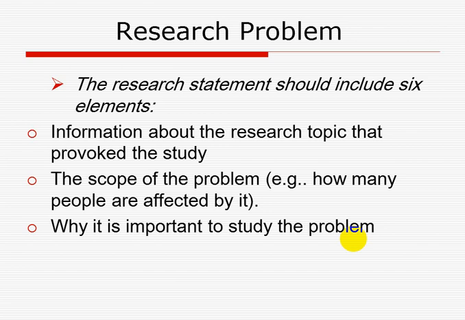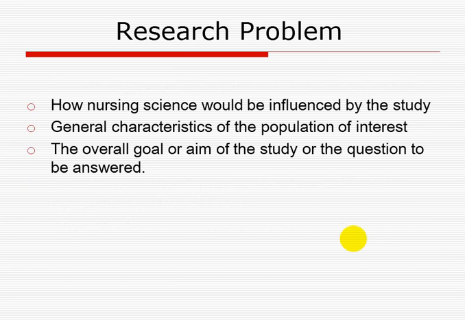And you have to answer the question why it's important to study the problem, and why it is important for you, for your society, for your field, for your environment, and so on. You have to outline some significant points or key points for conducting your research.